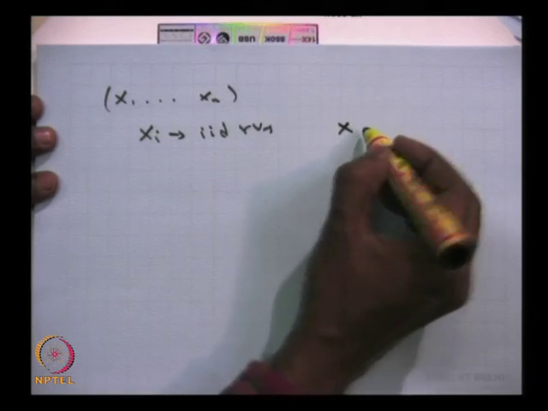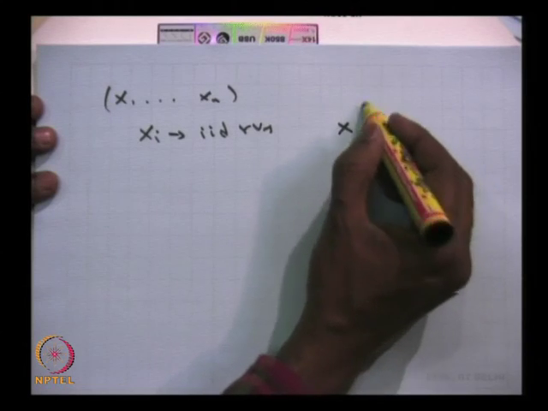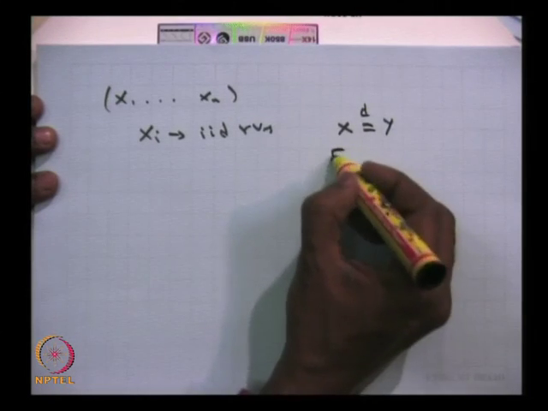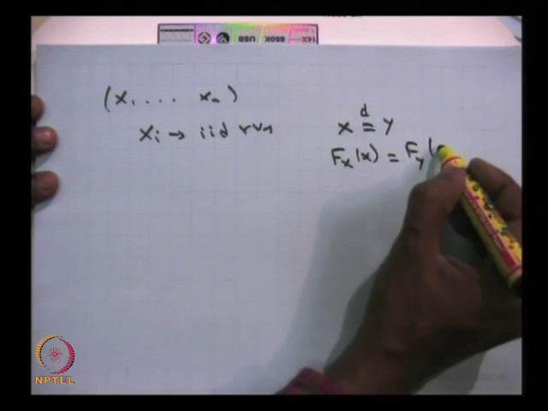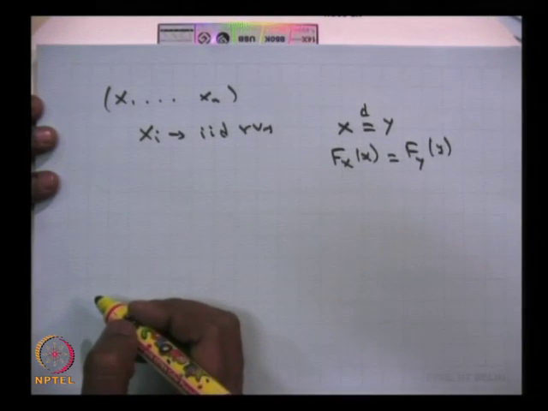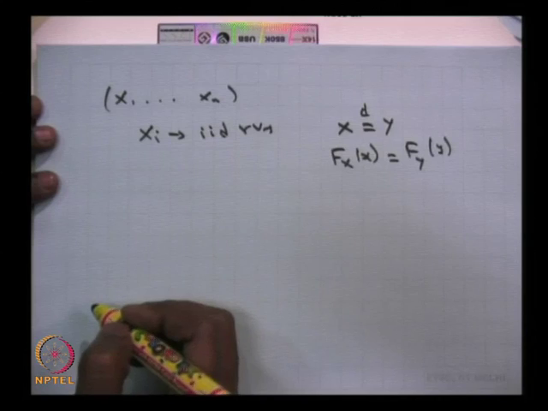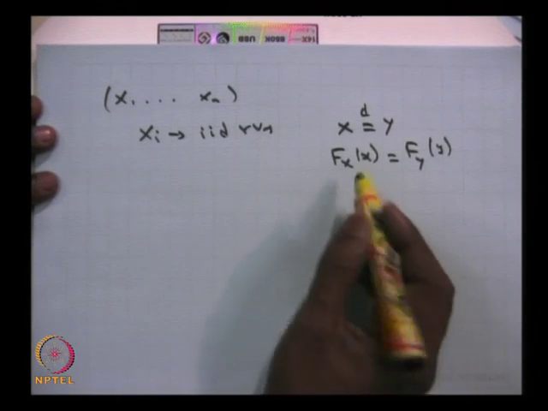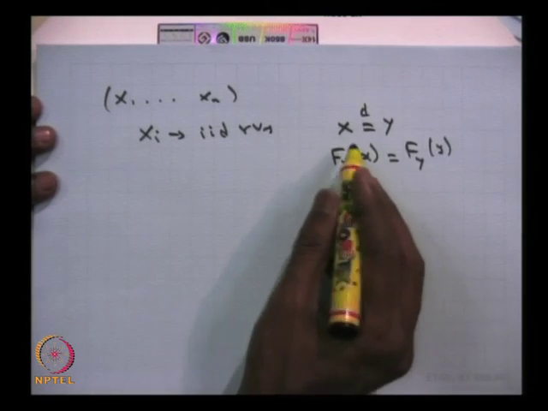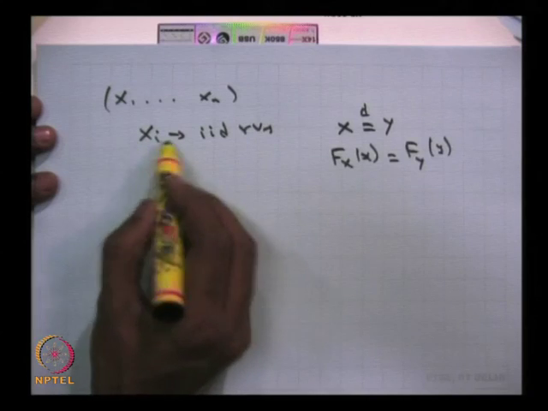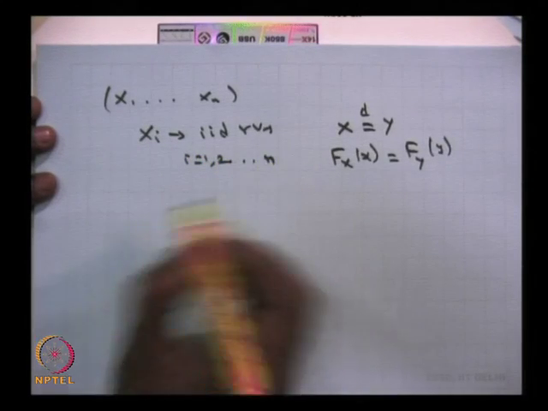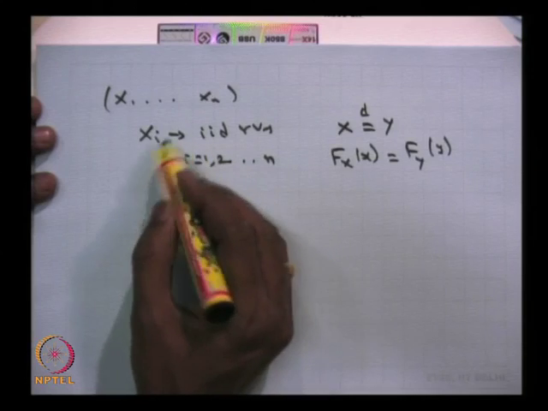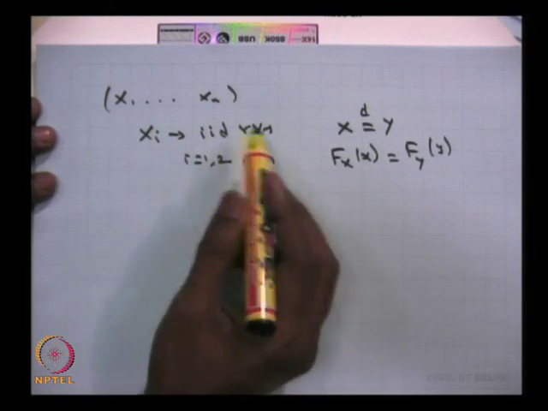When you say the random variables x and y are identically distributed, that means the CDF of x and the CDF of y are the same for all values, then we can conclude both random variables are identically distributed. So here I am saying the n random variables are IID. That means not only identical, they are mutually independent also.